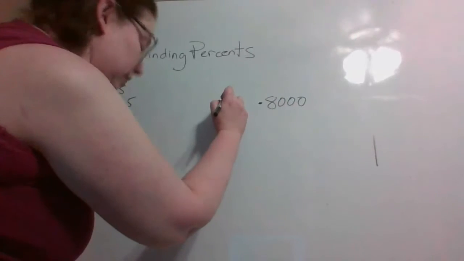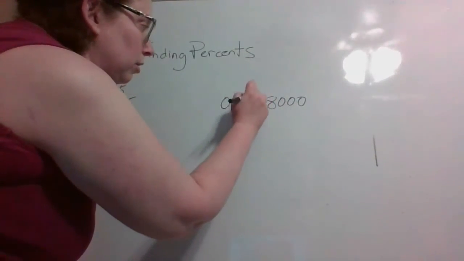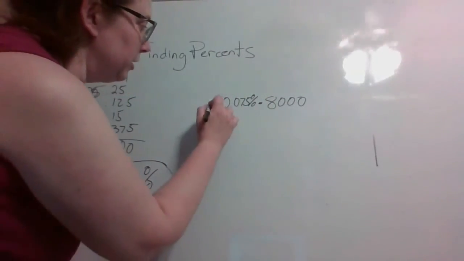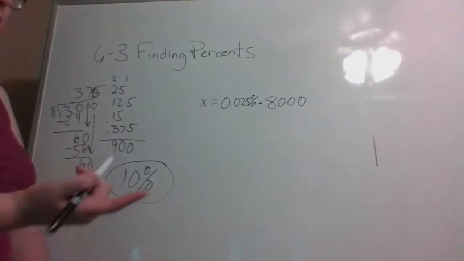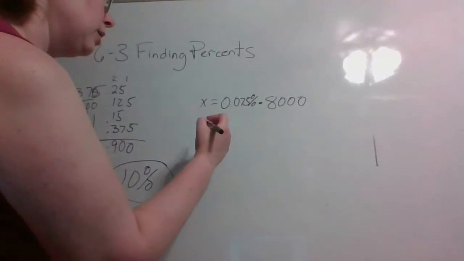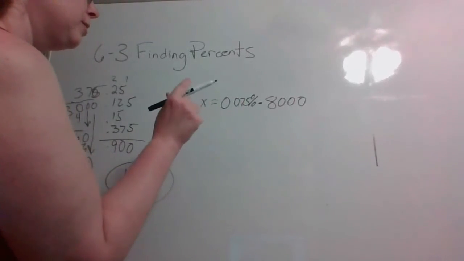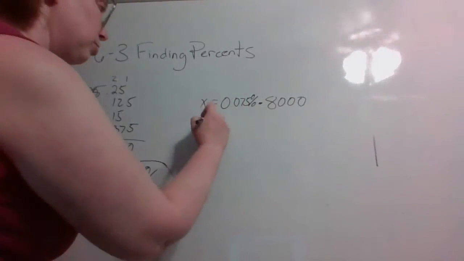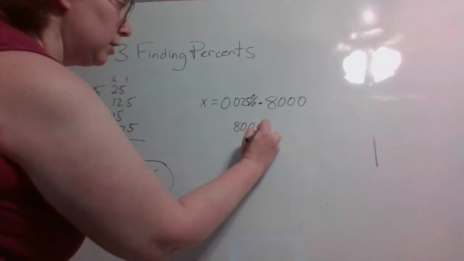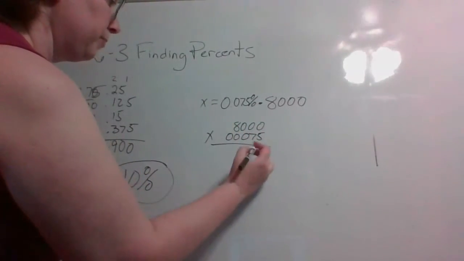So if it goes 8,000 feet, and we're saying 75 thousandths of a percent, that's going to give us x. So to do this, we would move our decimal, and actually, if that's a percent, this has to go the other way. So we're going to say 8,000 times this.